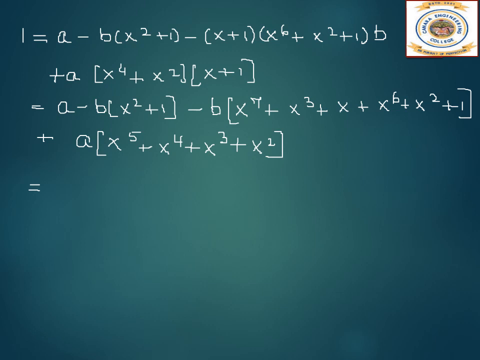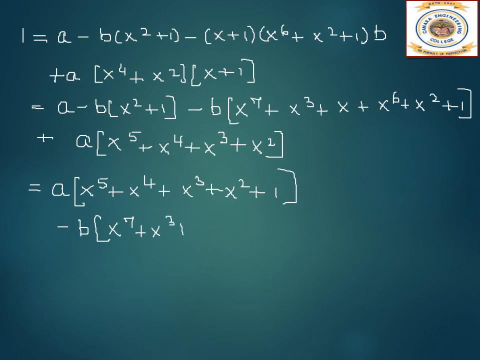So equal to a into, now let us take the common terms, the a terms together, x to the power 5 plus x to the power 4 plus x cube plus x square plus 1, and the b terms together, and let me write it below, minus b into x to the power 7 plus x cube plus x to the power 6 plus x square plus 1 plus x square plus 1.